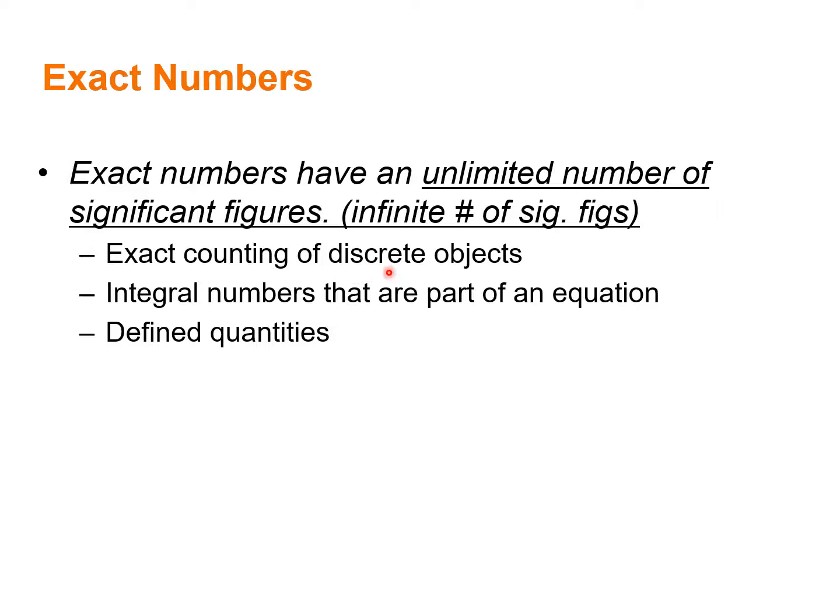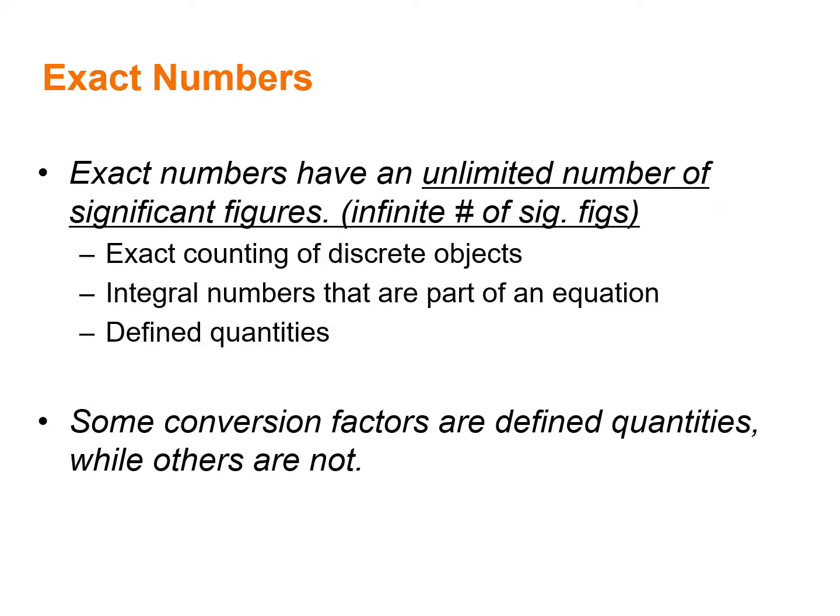These are discrete objects, so that's exact counting, so it has an infinite number of significant figures. If you have integral numbers that are part of an equation, that also has an infinite number of significant figures. If you have a defined quantity, like you know that there are 100 centimeters in a meter, and that is defined, there are an infinite number of significant figures in that number, 100 centimeters per meter.